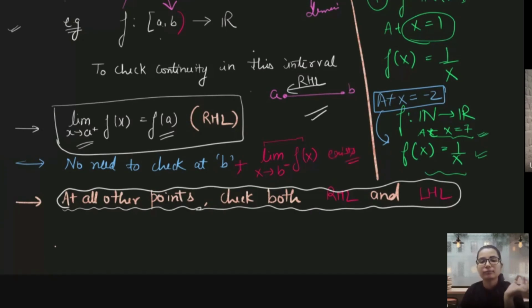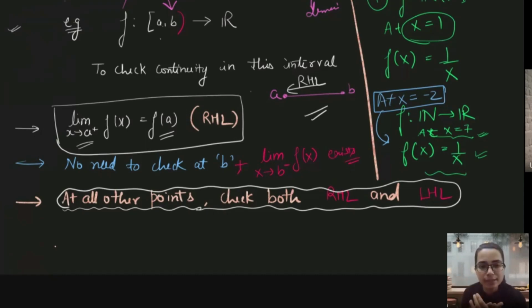I forgot to write it here, but you'll have to check it. You need not check the functional value at B, and no need to equate the functional value and the limiting value, but you'll have to check whether the limiting value at B exists or not.